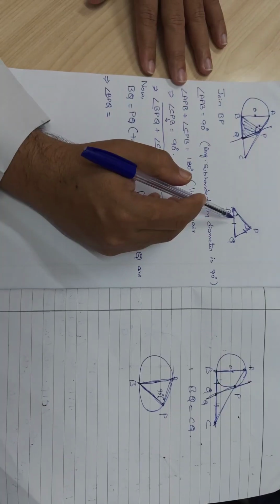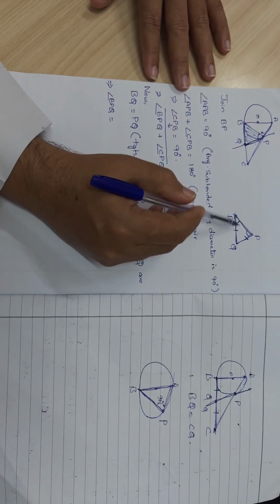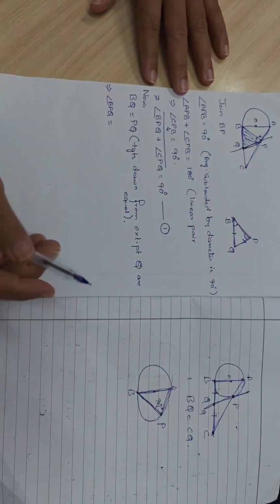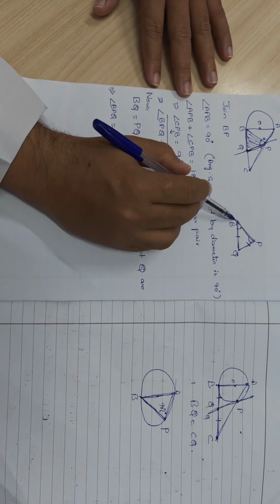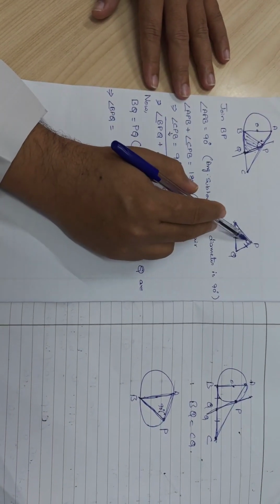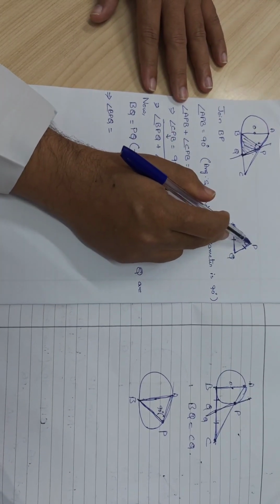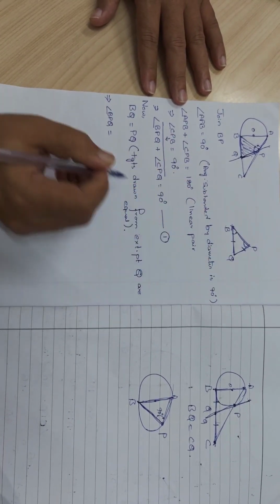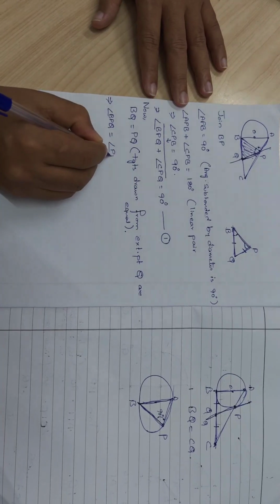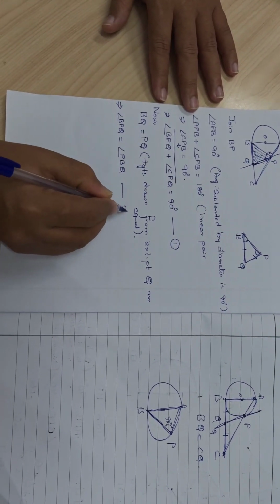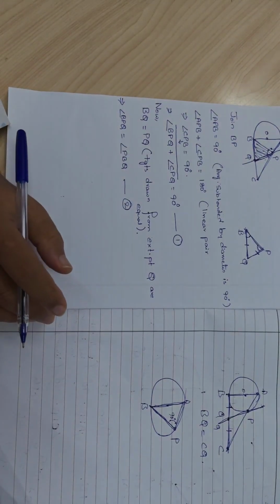The angle opposite to BQ is BPQ, and the angle opposite to PQ is PBQ. They are equal. Take it as 2.